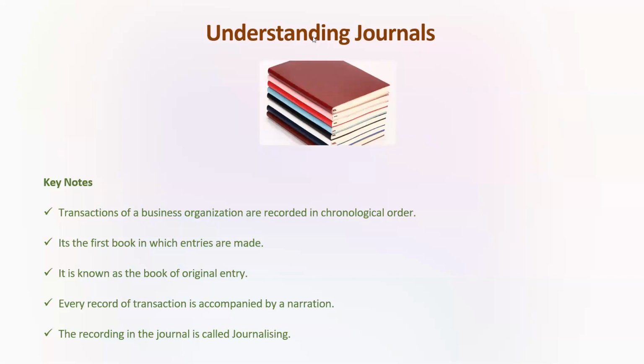And finally, the recording in the journal is called journalizing. All the entries made in the journal are taken and posted in the ledger. From the ledger, the company can directly prepare the final accounts, which are the profit and loss account and the balance sheet.